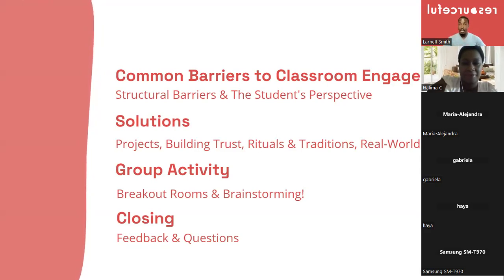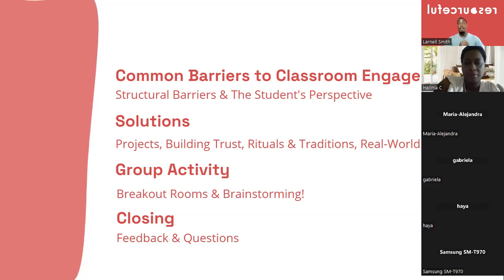We're going to begin by speaking about common barriers to classroom engagement to give you some background and a good foundation to understand where all of these barriers, all these problems are coming from. We're going to look at structural barriers and also individual barriers, or issues that are coming from the student's perspective.